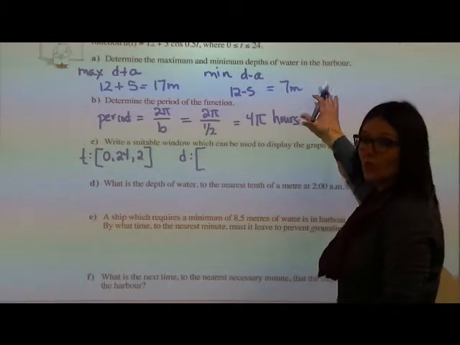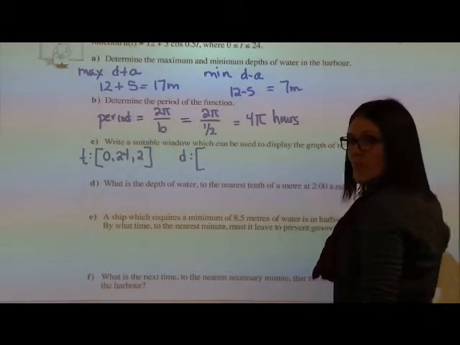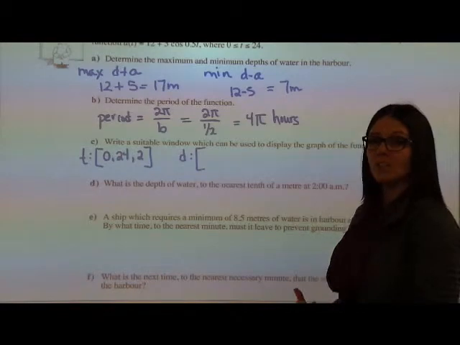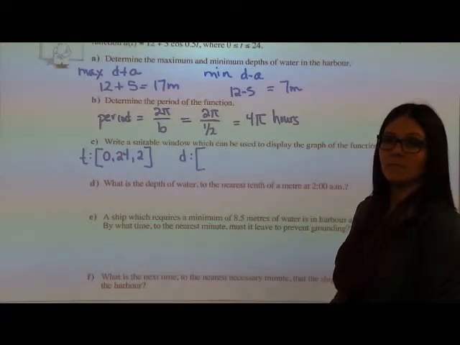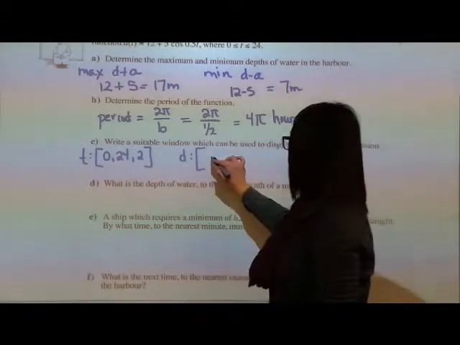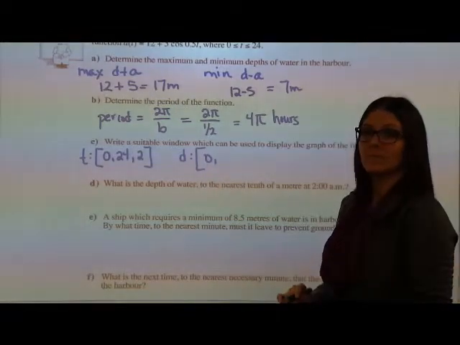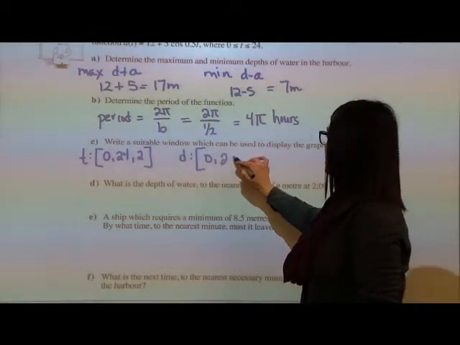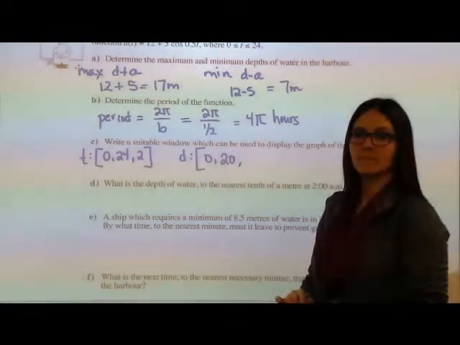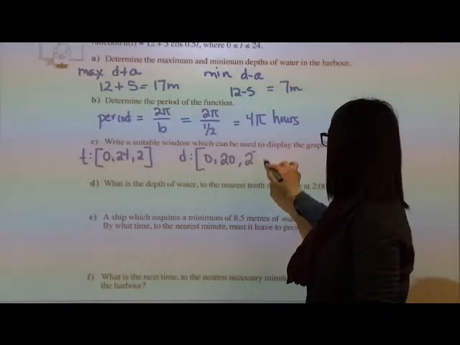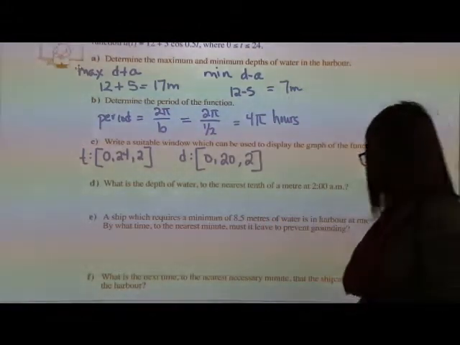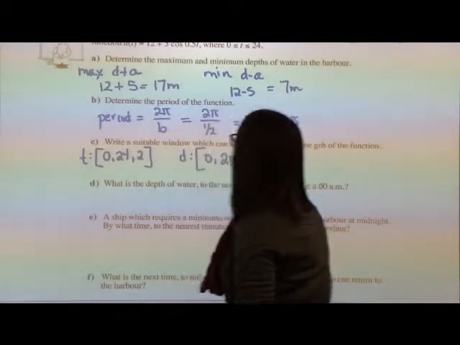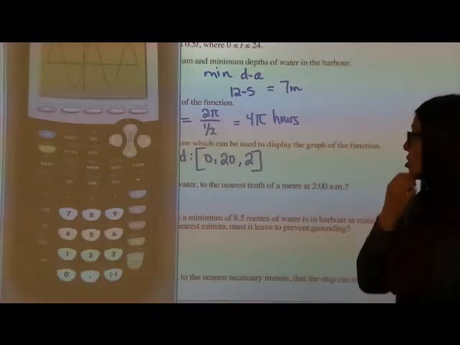So it's a suitable window, not ranges. What I want to be able to see on the screen, what should I start at? You could start at 0. And then go up to what? Maybe 20. Then what could I go up by? 2's again. Okay, so let's graph that. What mode should I be in?